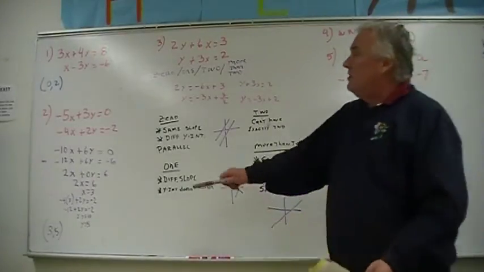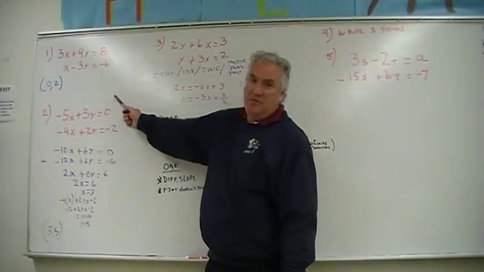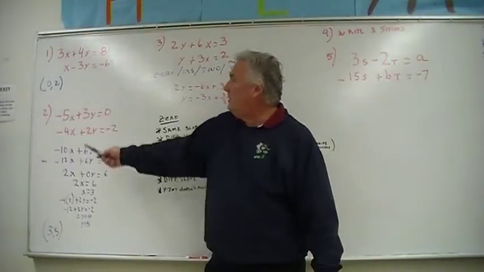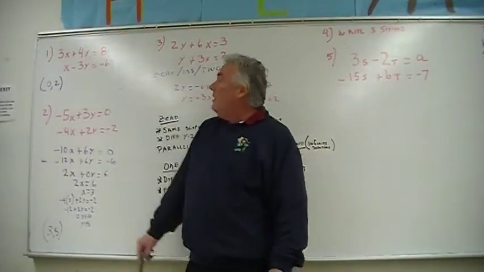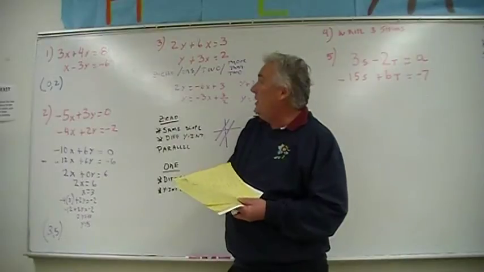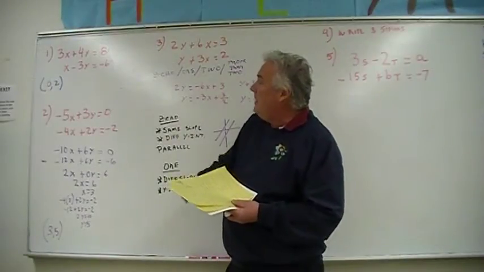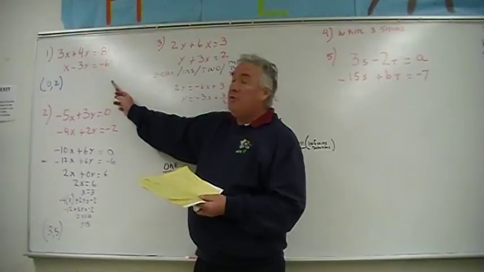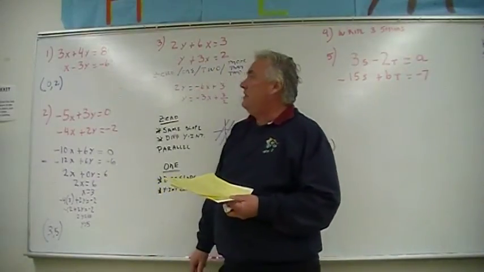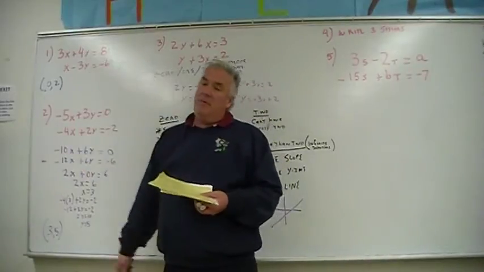All right, starting with number one, it should be the easiest one of all of them. Solving a system, you need to be able to solve for the point. The answer for that one is (0, 2), the point that they both share. Most people do substitution with this, getting x to equal 3y minus 6, and then substituting it back in.